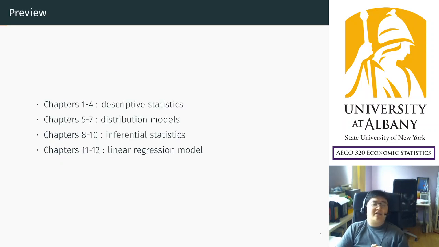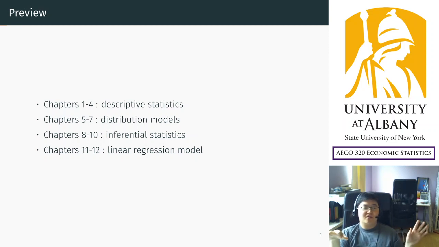Let's preview what we are going to do throughout the semester. As I said in the last class, there are 12 chapters. The first four chapters are about descriptive statistics, and then the next three chapters, 5, 6, 7, are about distribution models, and then the next three chapters, 8, 9, 10, are statistical inference methods.